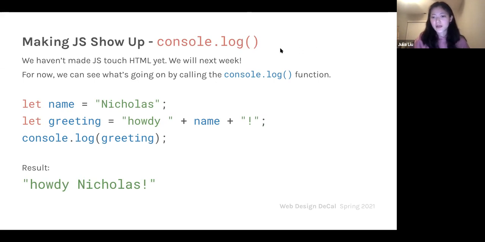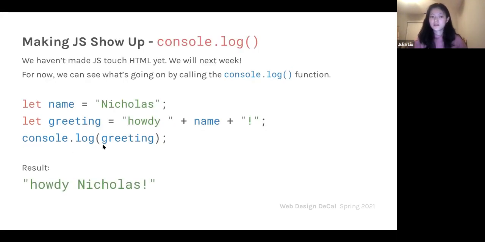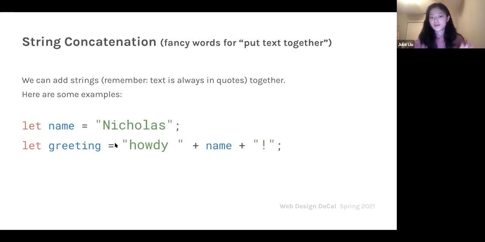Someone asked in the chat, why didn't we just add Nicholas in the greeting variable? The whole point of using variables is that regardless of what this name variable has, it could be someone else's name entirely, and we can still use this line for greeting. The second line doesn't care about what the value of name is.